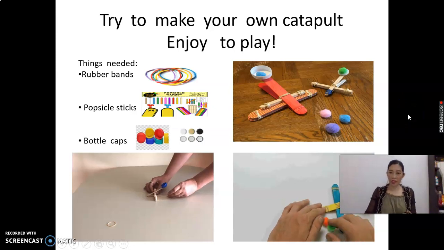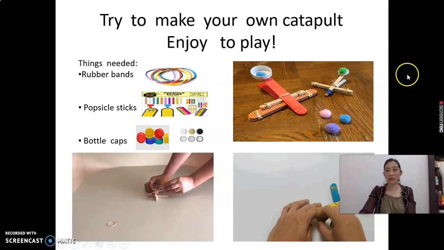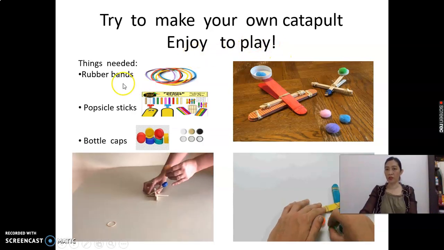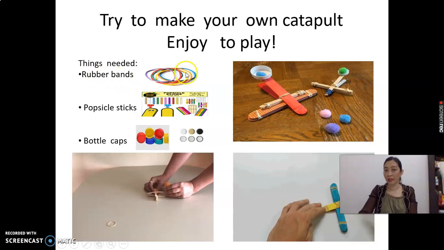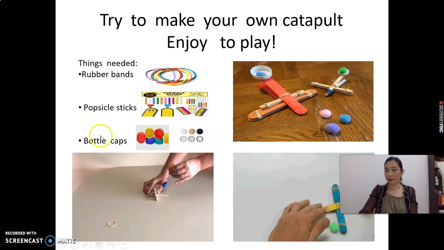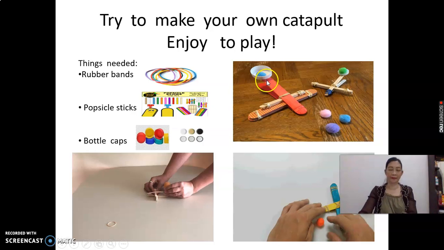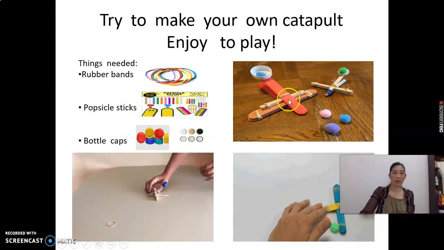Okay. We have an activity here. You can try it at home. Try to make your own catapult. Enjoy playing. The only things needed are a rubber band, popsicle sticks, bottle caps, and glue for the bottle caps.